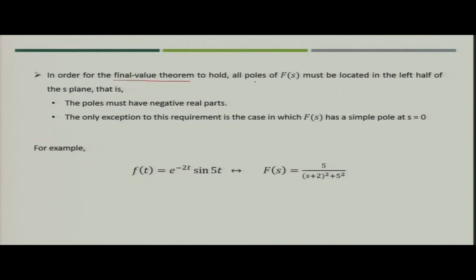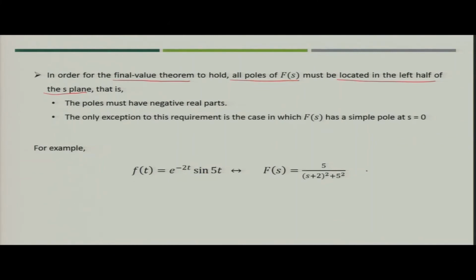What are those limitations? The final value theorem will be valid only when all poles of F(s) are located in the left half of the s plane. What do you mean by poles? Let us take this particular function, the Laplace transform of e to the power minus 2t sin 5t.